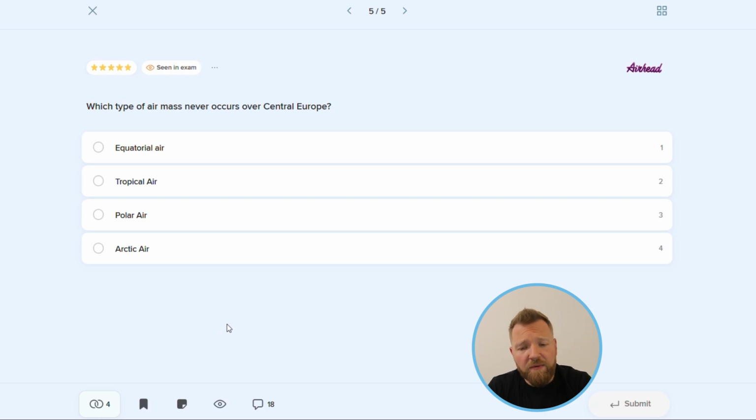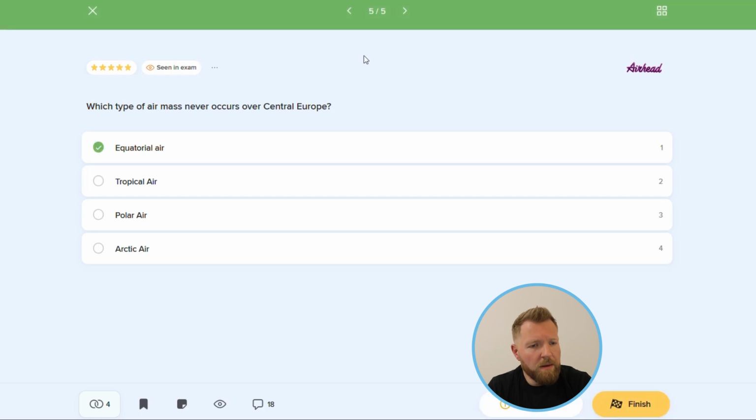It's connected with global air circulation and the structure of Hadley and Ferrel cells, and the subtropical highs belt between them, blocking the passage of the equatorial air mass to Europe. So, the correct answer will be answer number 1. The equatorial air mass will never occur over Central Europe. And this answer is also correct.